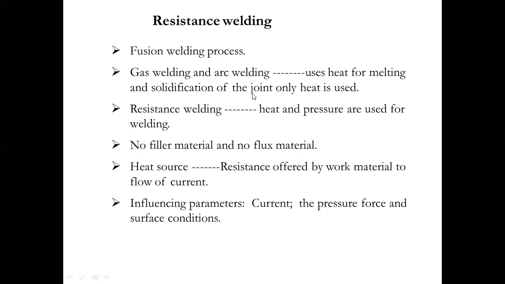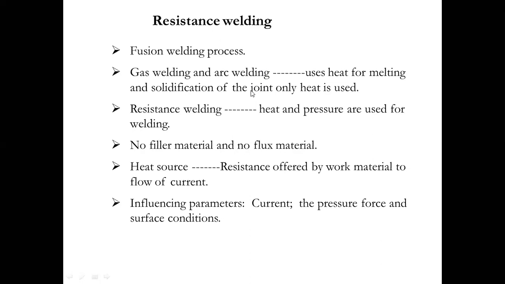Whereas if you want to do a butt joint or edge-to-edge joint, then you will go for upset welding, butt welding or flash welding. Spot welding is only meant for lap, overlapping joints, and only for thickness up to 3 mm.